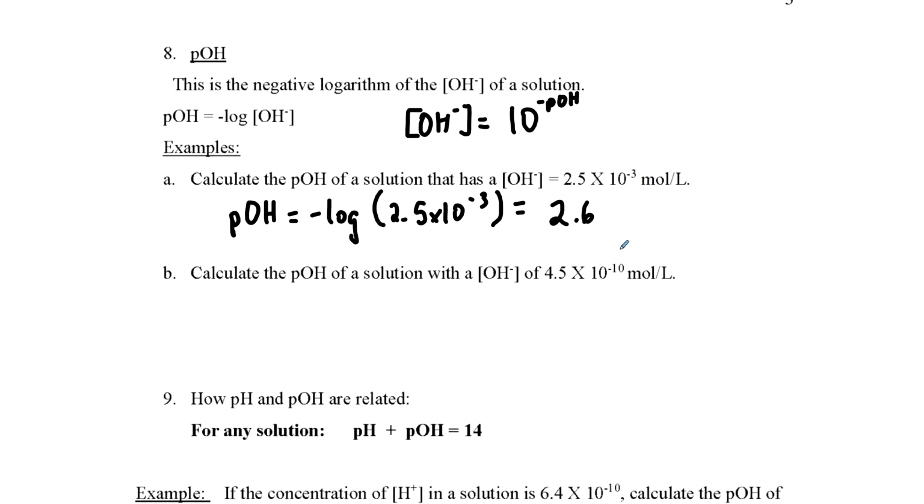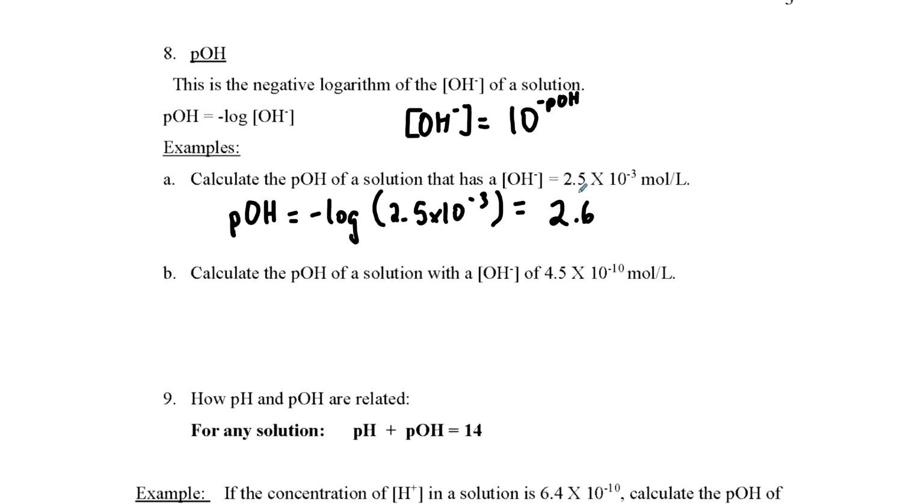So now if you look at these two, this has a much higher OH negative concentration than this one here, but we get a really low value. I'm just going to draw your attention to this. So a low pOH value is equivalent to a high pH value. pH plus pOH has to equal 14.